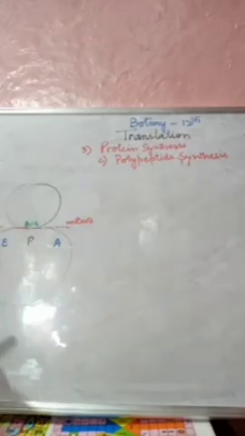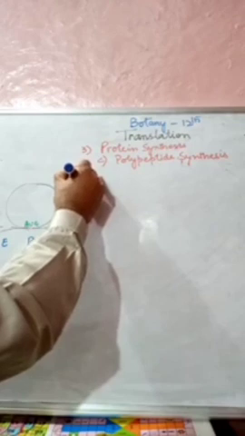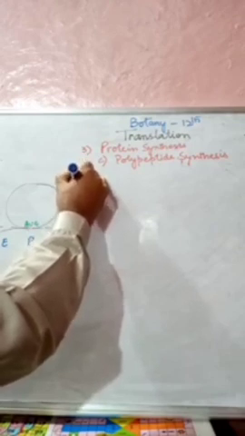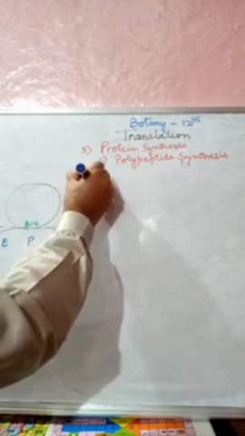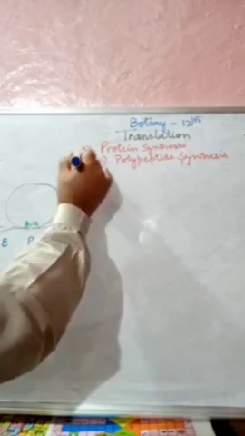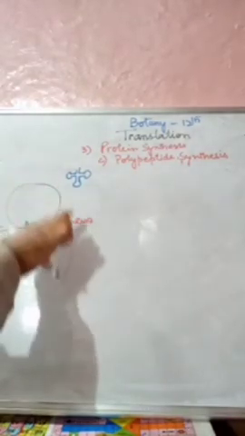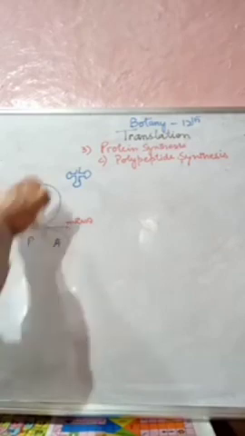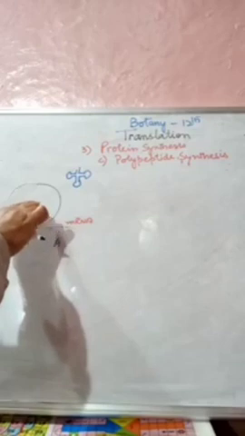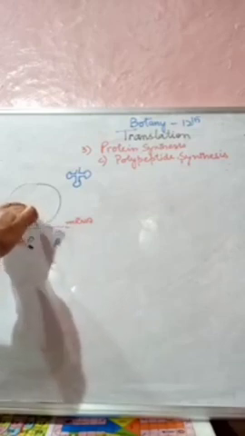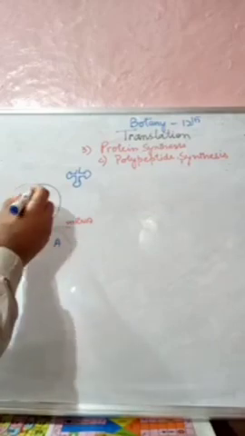Let us draw the diagram. If this is the transfer RNA here, and there what we'll see is a tRNA. So what I said is that the first code is read by this tRNA, and that tRNA is going to bring fMet. This fMet containing tRNA can come and bind at this site.